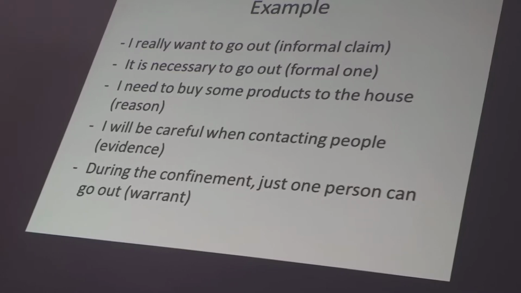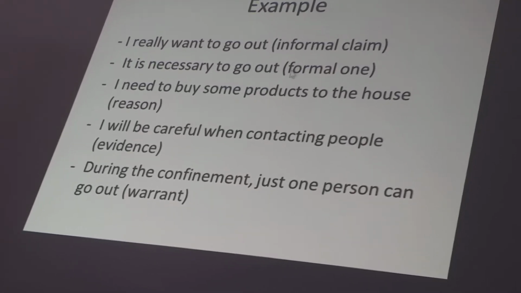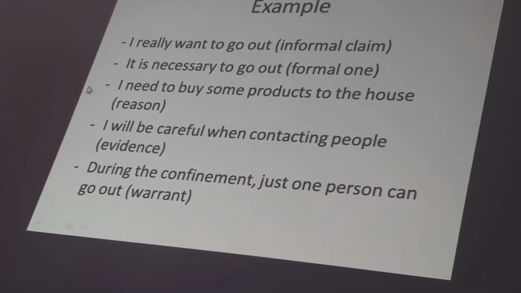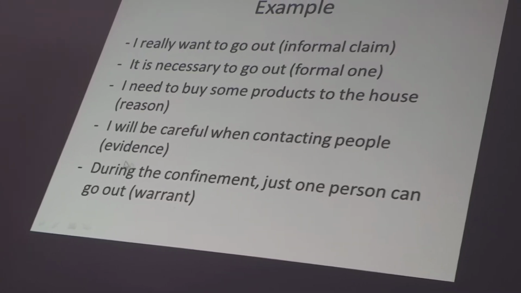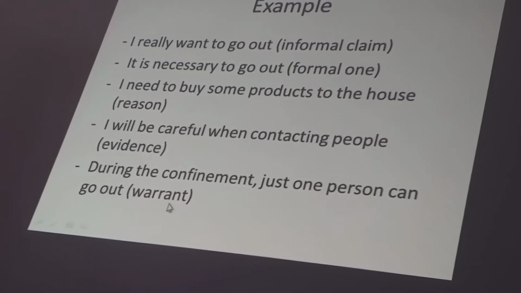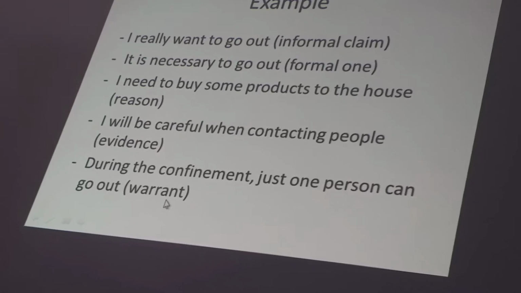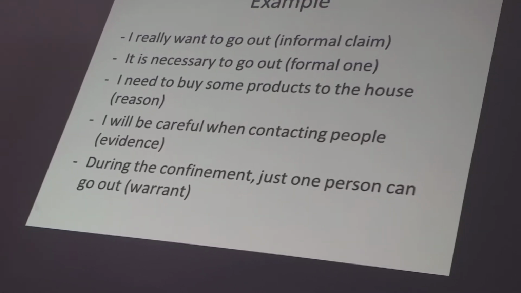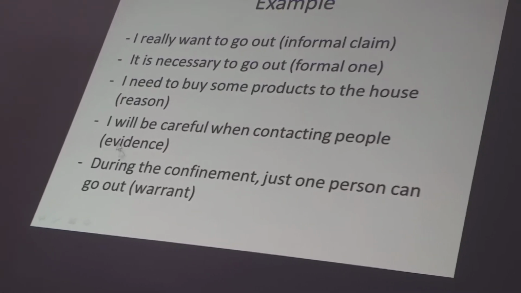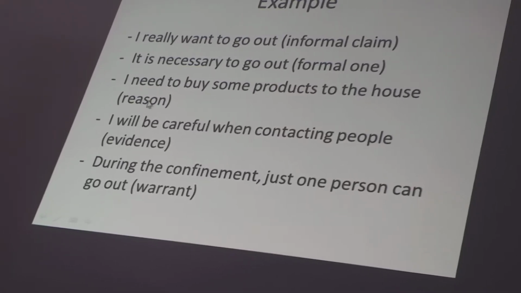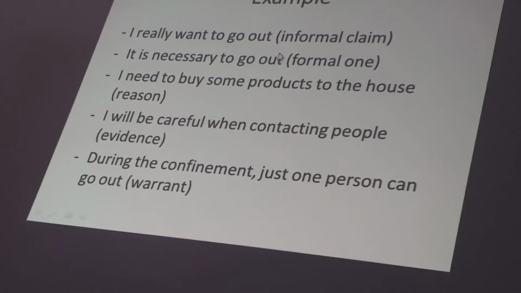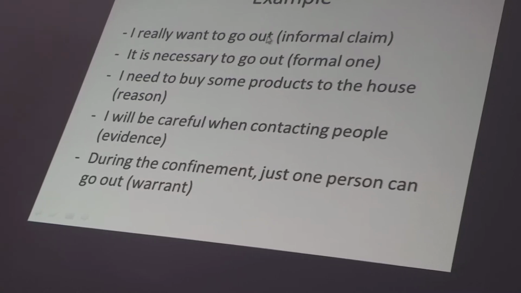So to reinforce my claim and my reason, and to prove my evidence, I can provide here a warrant to bridge the evidence with the reason, and of course my claim.